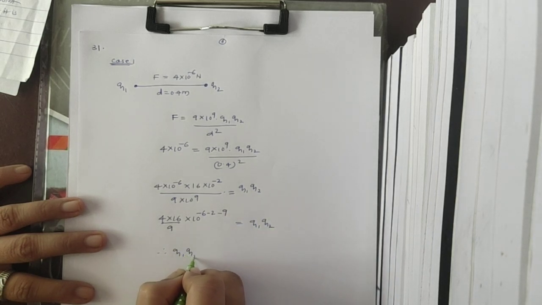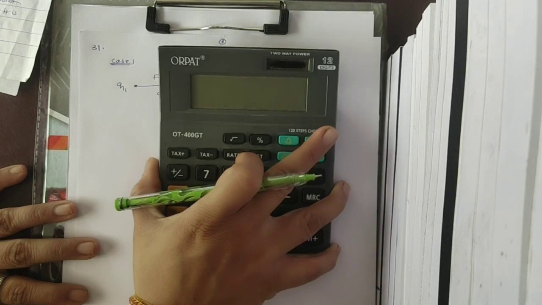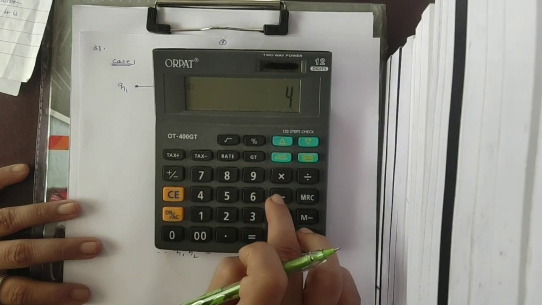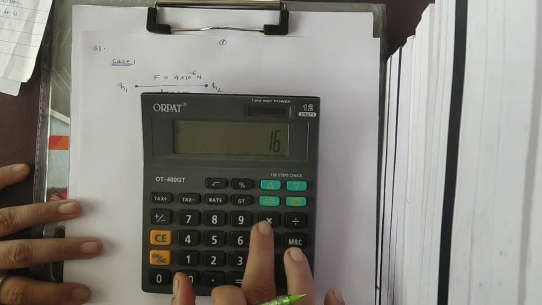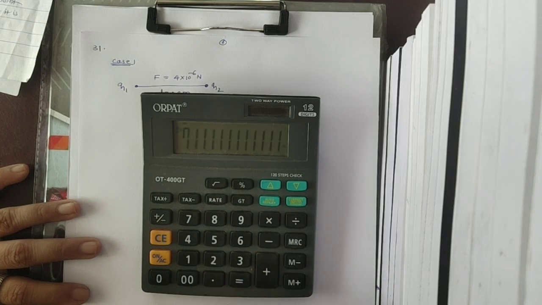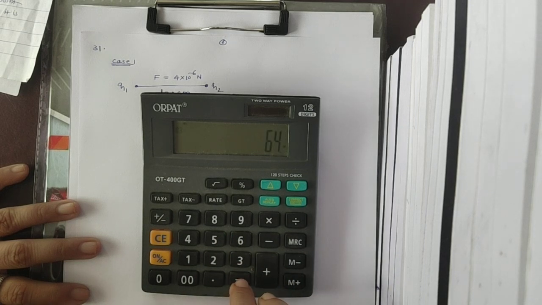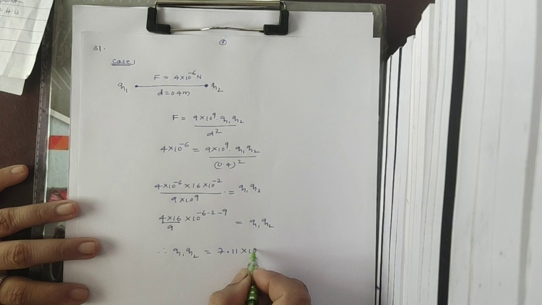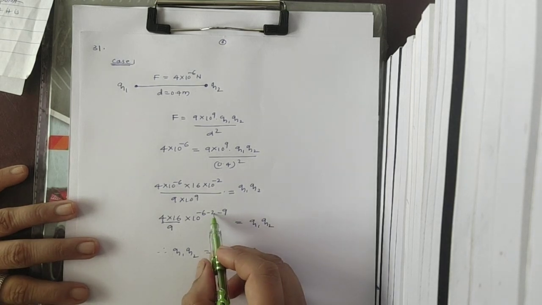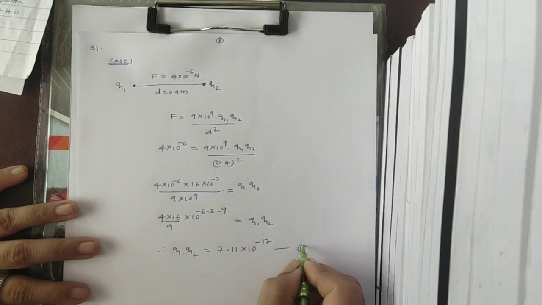Therefore Q1 Q2 equal to, we will substitute, simplify this. 4 into 16 divided by 9. 4 into 16, 64 divided by 9, 7.11. 7.11 into 10 to the power minus 8 minus 9, minus 17. Okay, we will call this equation 1.